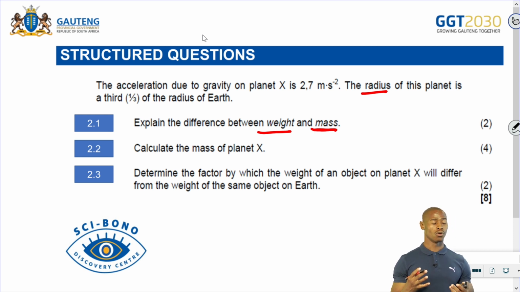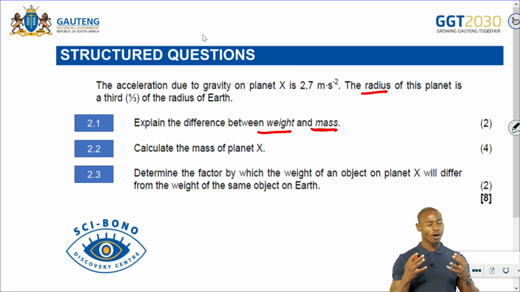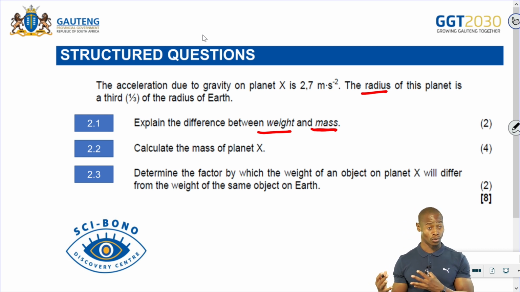If object A has a mass of 60 kilograms on planet Earth, even on planet Mars the mass is still 60 kilograms. But what differs is the acceleration due to gravity on those planets.